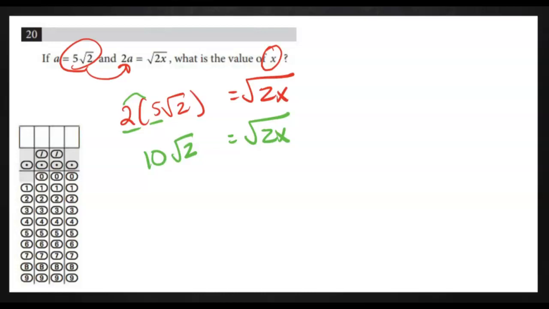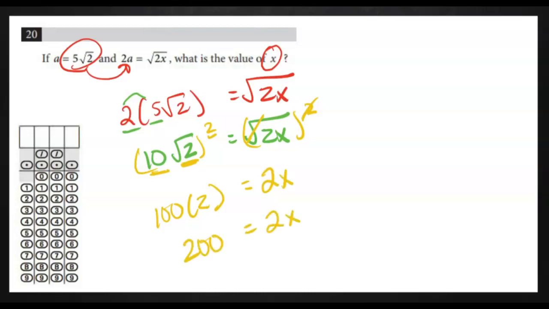Now, in order to get rid of that square root, you have to take the power of 2 to both sides to cancel out. So 10 squared is 100. The square root of 2 squared is just 2. The right side, my radical and my power are going to cancel, and I got 2x. So I have 200 is equal to 2x. Divide both sides by 2. My x is going to equal 100. So start from the left, 100, and bubble in at the bottom.